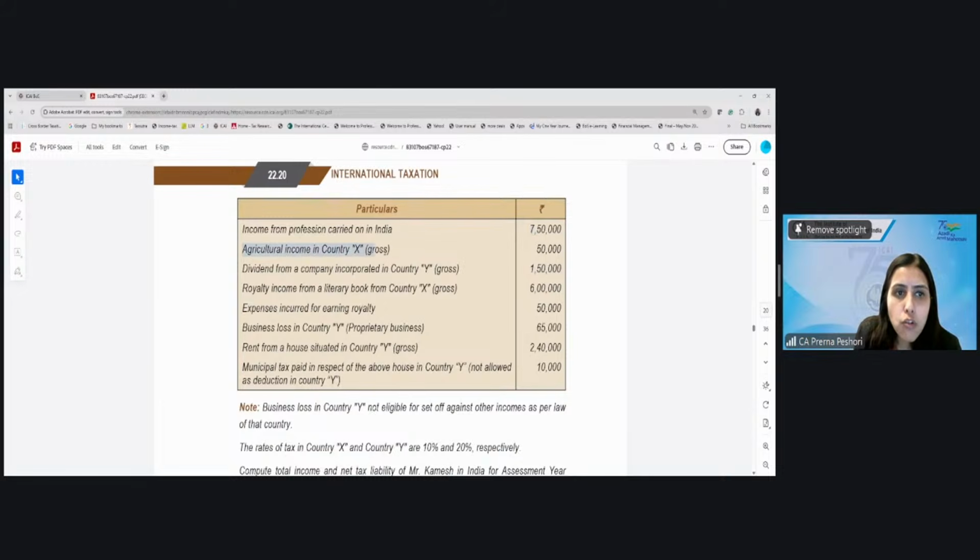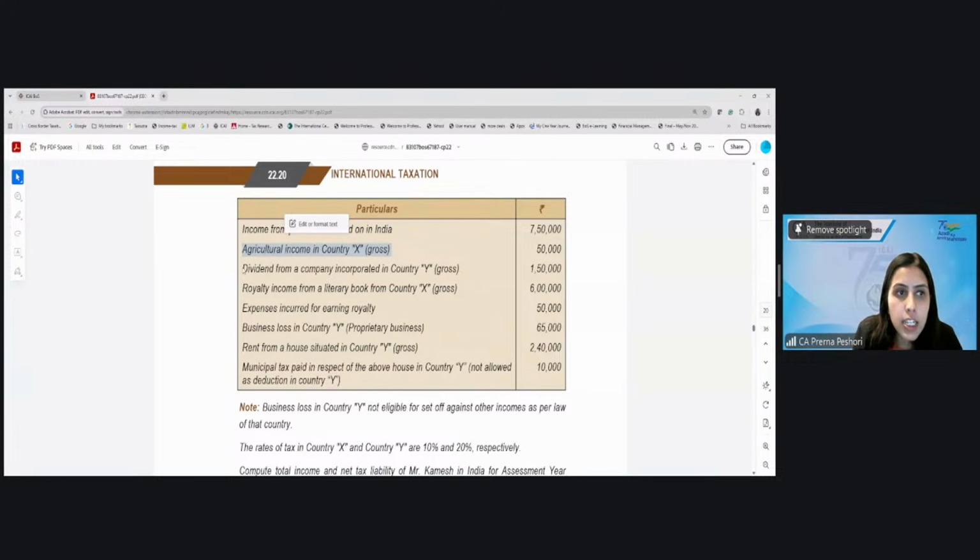Agricultural income in country X, gross. Whether this will be exempt in India? No. Only the agricultural income earned in India is exempt from the agricultural activities carried out in India. Agricultural income in country X will be taxable.